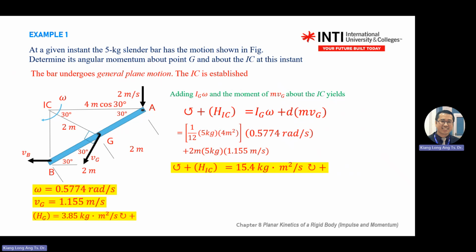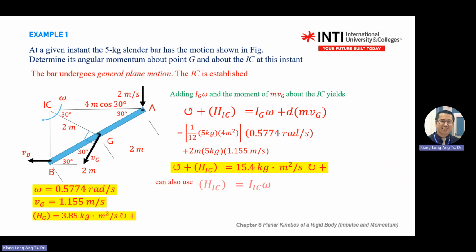So still, angular momentum equals I omega. It depends on where you see the point. If you're at G, then there's no md square. If you're looking at one of the points away from G, then you need to apply IO equal to IG plus md square in this equation.